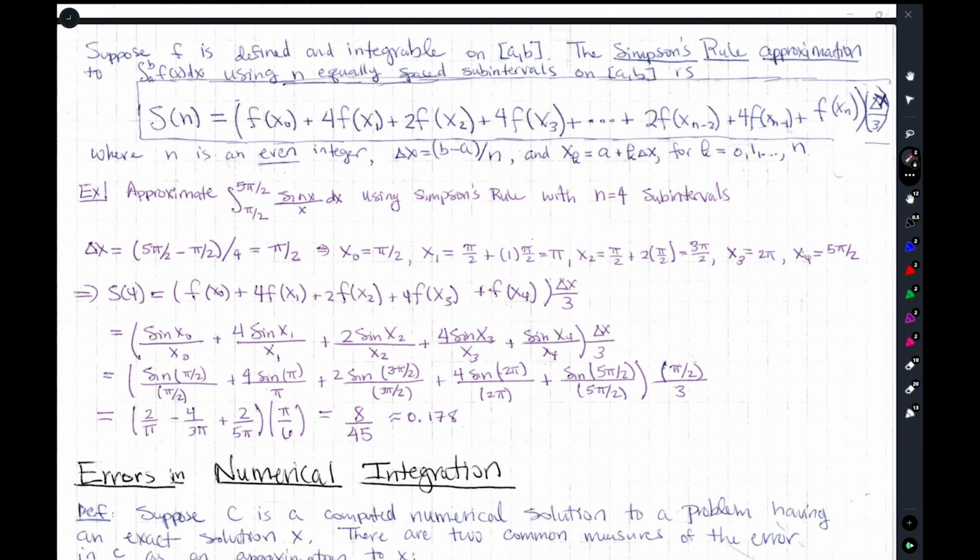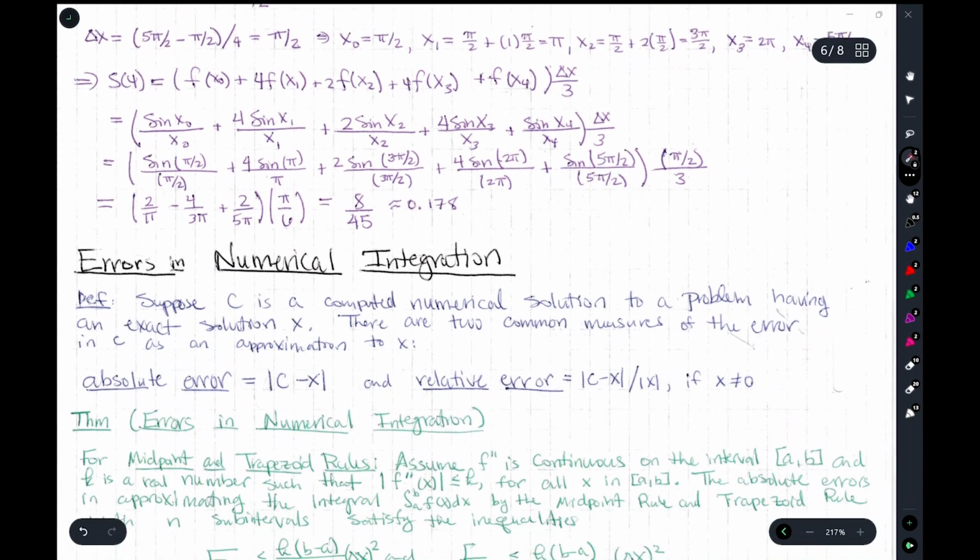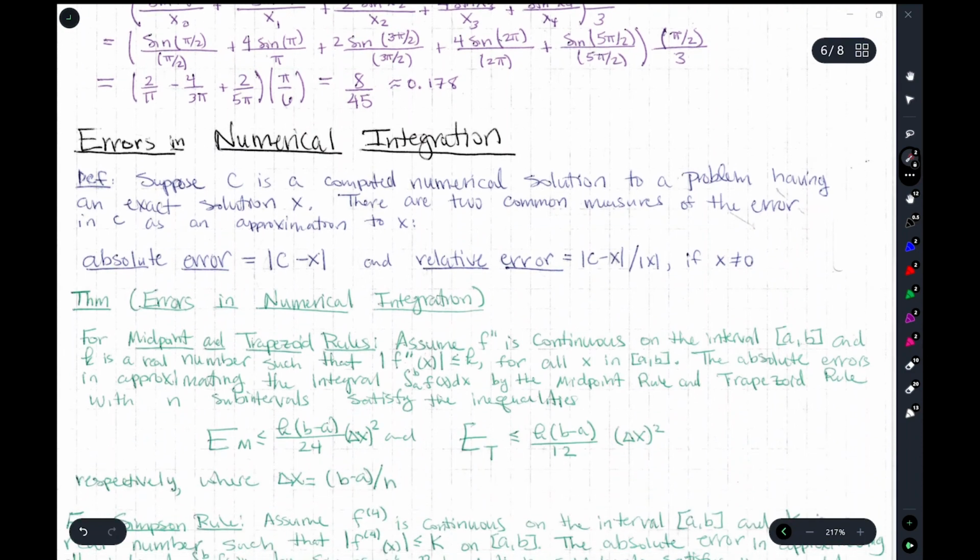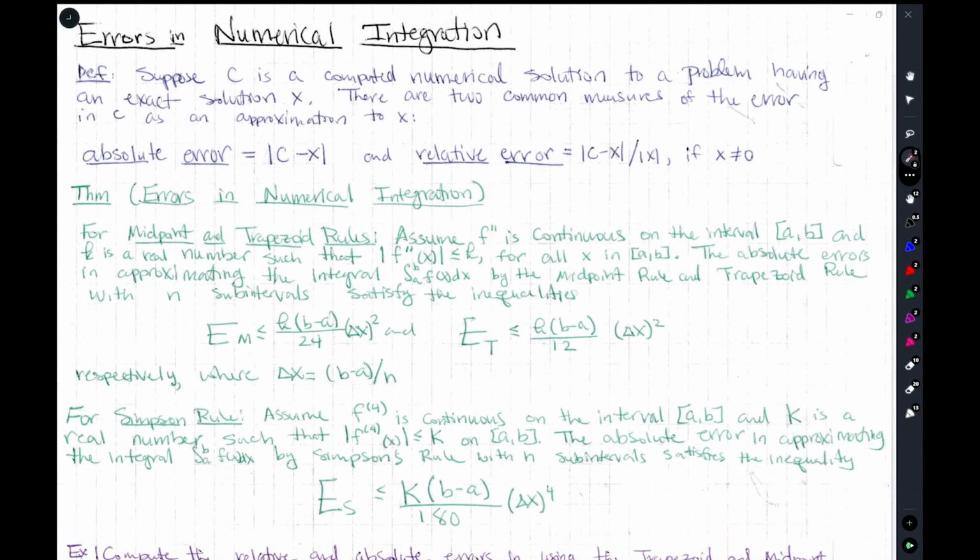Numerical integration is all about approximating integrals, and so we want a way to talk about the errors. What's very important here is that you have a bound on the errors.